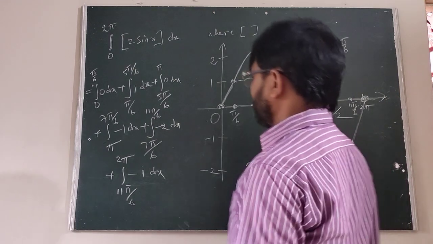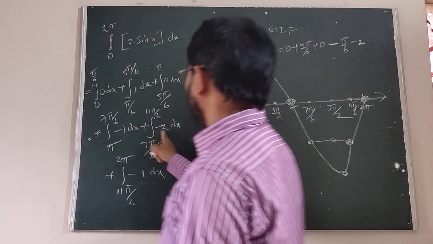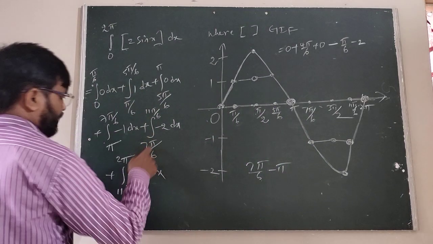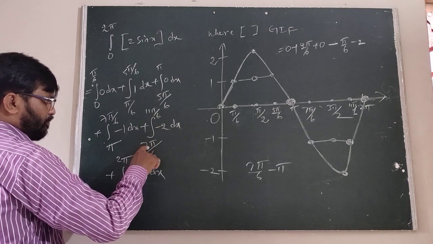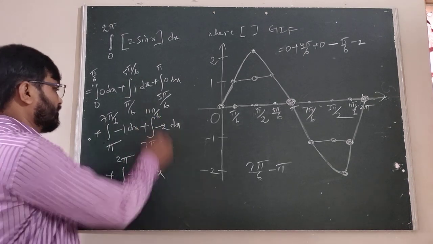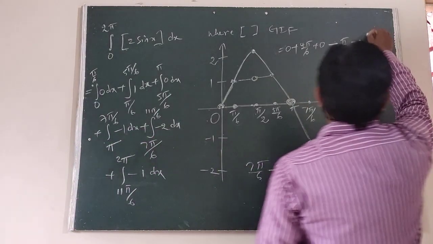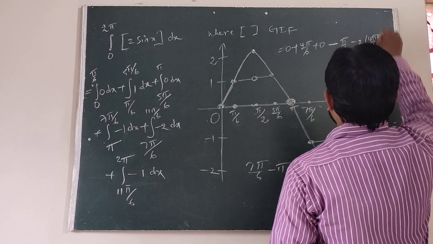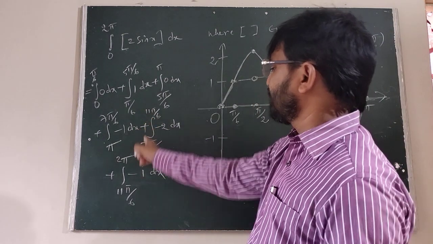Next one is minus 2, how to write this: 11 pi by 6 minus 7 pi by 6, you can write minus 2, integral 1 dx is x. 11 pi minus 7 pi. 11 minus 7 is 4 pi by 6. Is it clear?